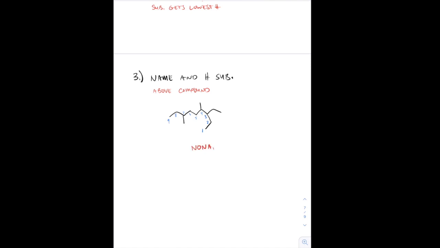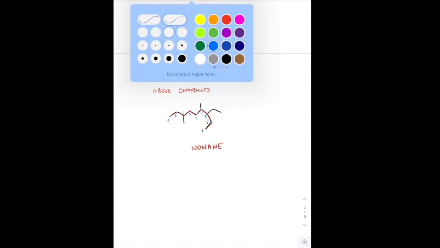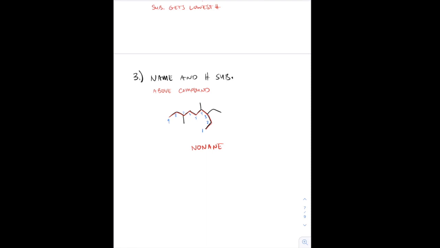Basically, we will write nonane. Okay, and that takes care of at least this portion. But now we have those substituents that we want to focus on. 1, 2, 3 different substituents. So this particular rule is name and number the substituents.